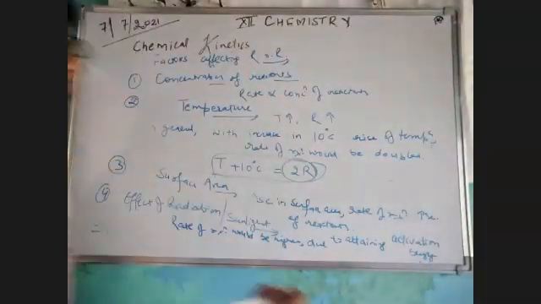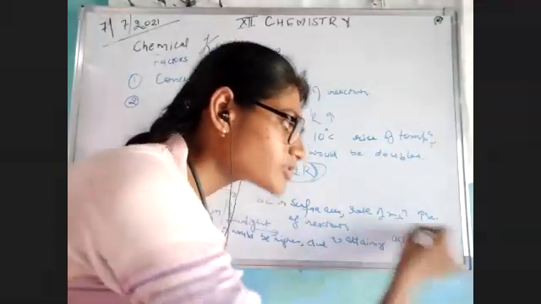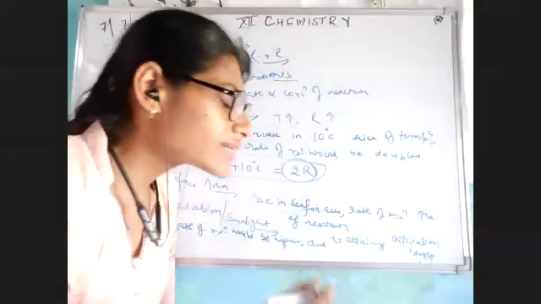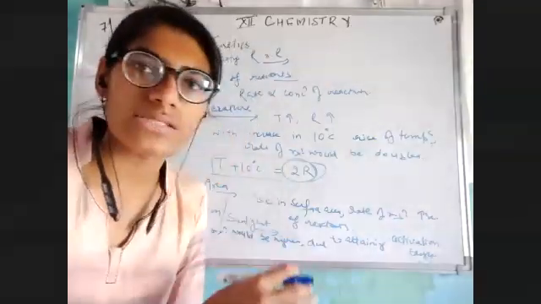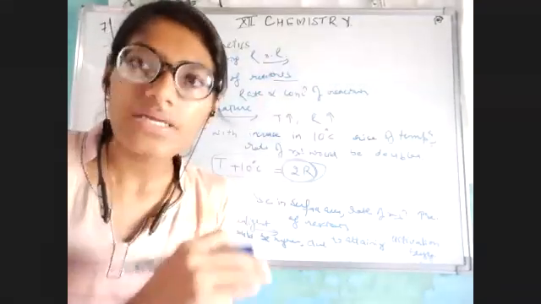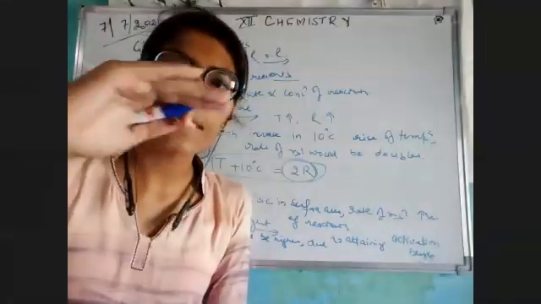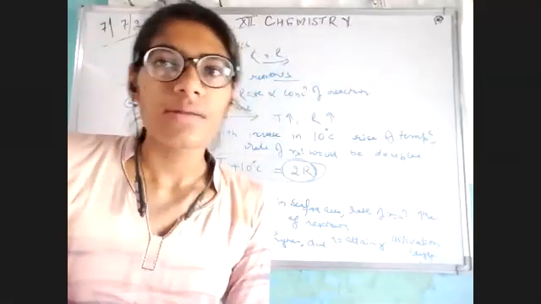We will see the same concept of activation energy in this same chapter, chemical kinetics, just after 2-3 more lectures. I just want to say here that activation energy is that particular minimum energy which a reactant needs. That means if the reactant is here, then to reach the activation energy it has to go up to here. Only then would it convert itself into the product.